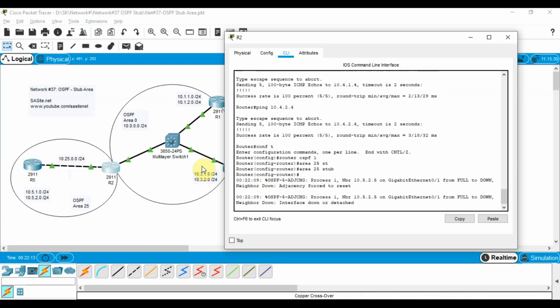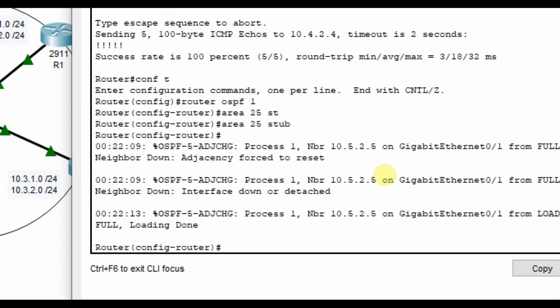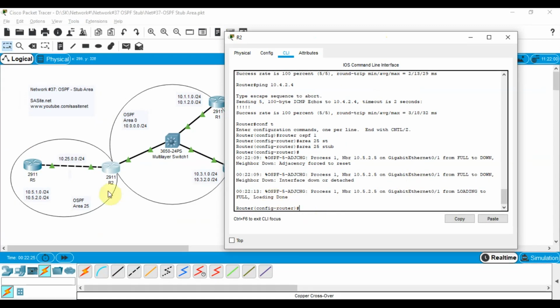Now see what's going on. After a while, okay, the routers go to the full relationship, and this command, area 25 stub, is applied on both R2 and R5.